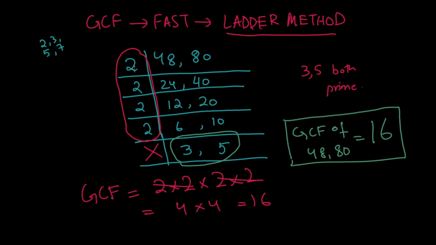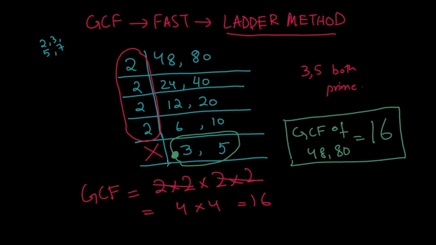So we wrote 2 on the left side, and we kept going down rows until we ended with 2 prime numbers, which in this case were 3 and 5, or any 2 numbers which are not divisible by the same number. So this could have been 10 and 7, for example, right? Once we got to this step, all we did was we drew a cross on the left side just to symbolize that we're done with the process.